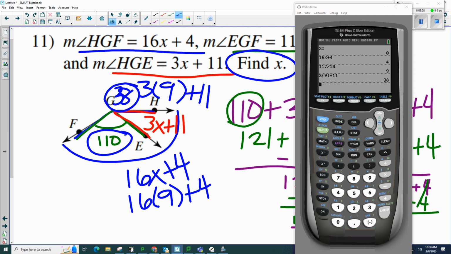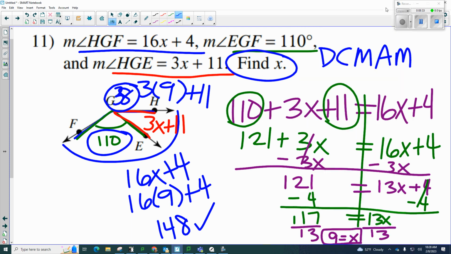We had 110 for this angle already. And then let's see here, 16 times 9 plus 4 is 148. Okay, so let's check. Is 110 plus 38 148? Yes, it is. Okay, so we checked it, and we know we have the right answer.